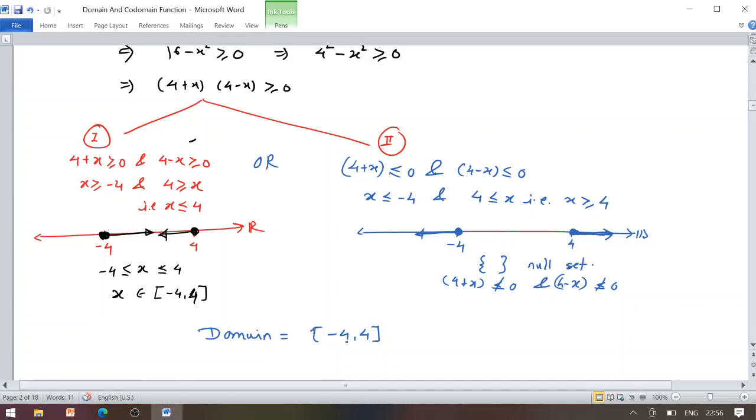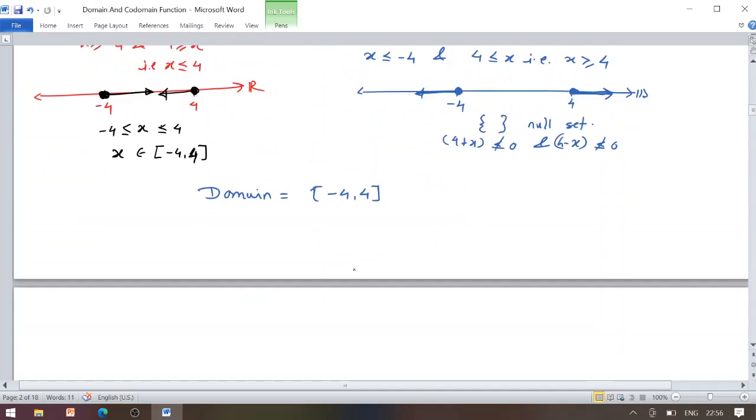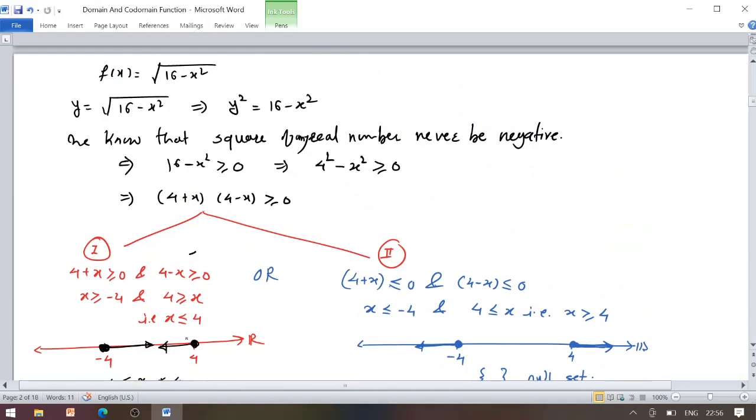Now how to find the range? For the range, we have the domain in the form of a condition on x, that x lies in between minus 4 to plus 4. So after squaring, we now require the x square as per the function.